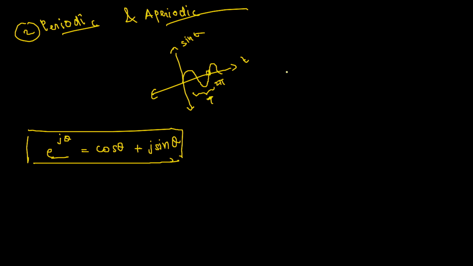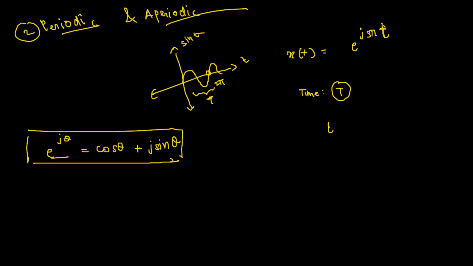So now how do we find periodicity is the question. Let's say you have x of t is equal to e to the power j 3 pi into t. So what does periodicity mean? That after a particular time period, let me represent this with capital T, the function tends to repeat itself.